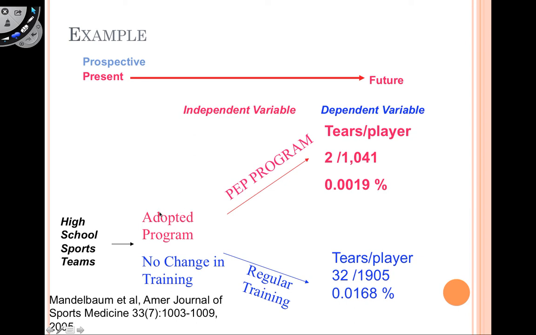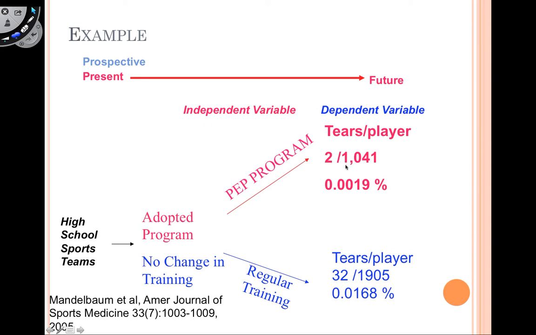So obviously the assignment or the adoption of the program was not random. It was pre-planned or based on other factors. And so essentially this is a great example of a cohort study. None of the people had tears before the program started, and their dependent variable in this case was the number of tears per player.